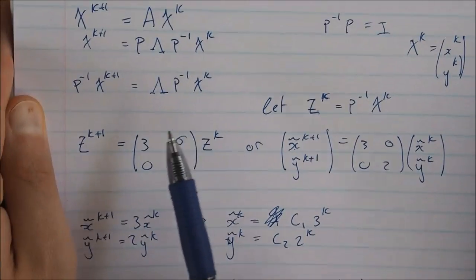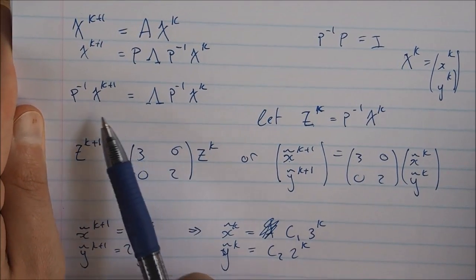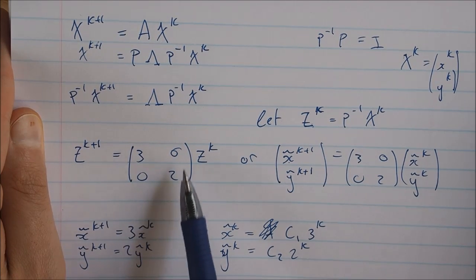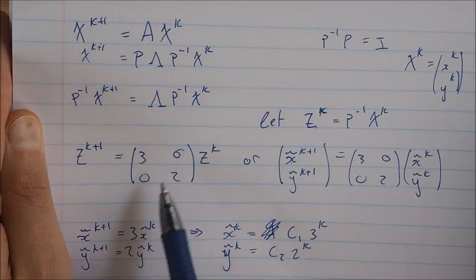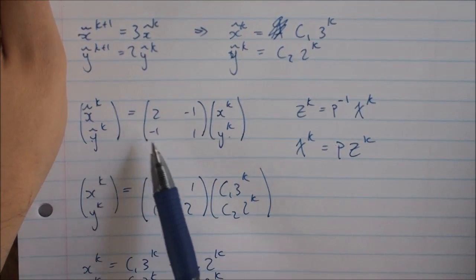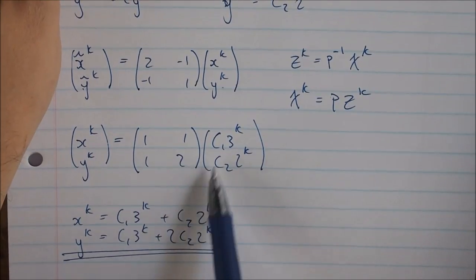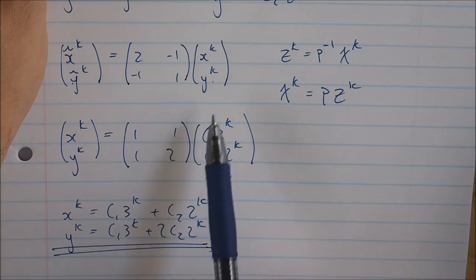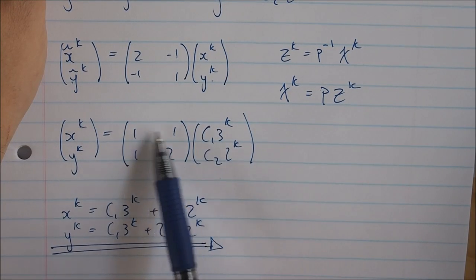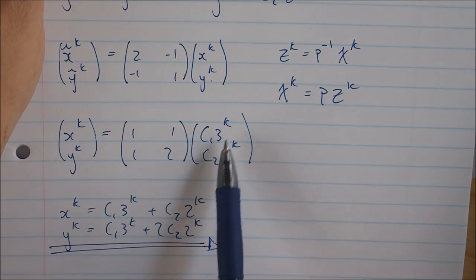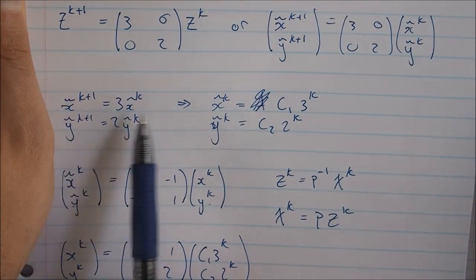What this allows us to do is write it in this form of zk equals a diagonal matrix times zk, which decouples the systems. We can then solve them individually, and we get this here. This mapping will map us back to the final solution. Okay, so this is just xk equals P, this is the matrix P, times zk, which is the solution we found over here.